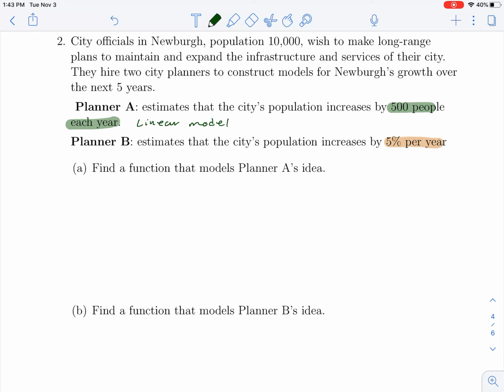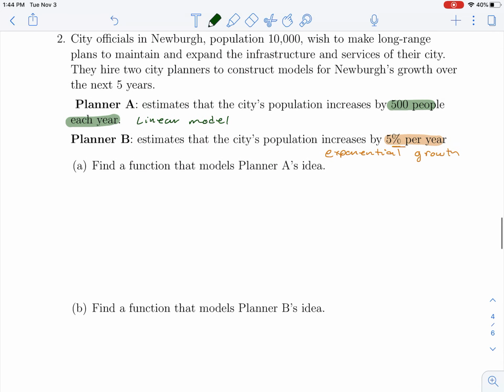You guys are also going to see all my colored pencils. And since it's a 5% per year increase, this is going to be exponential growth or an exponential function. Because we know when we see percents, that's a really good sign of exponential growth or decay.